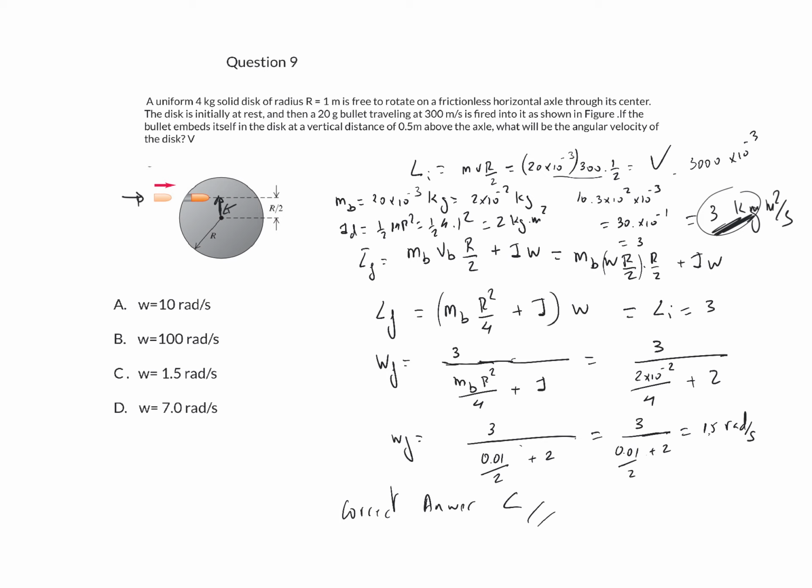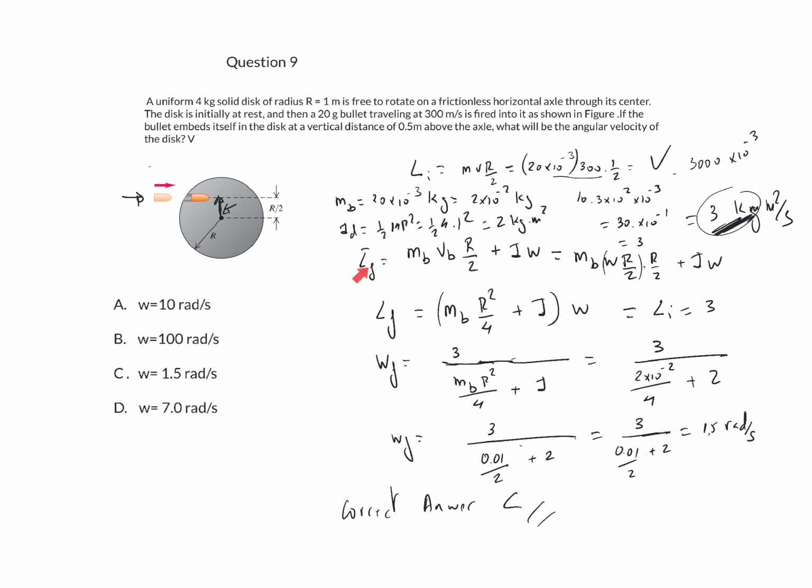So what is the angular momentum after the collision? After the collision, you have the bullet included inside the disc, and they are rotating together with a common angular velocity.